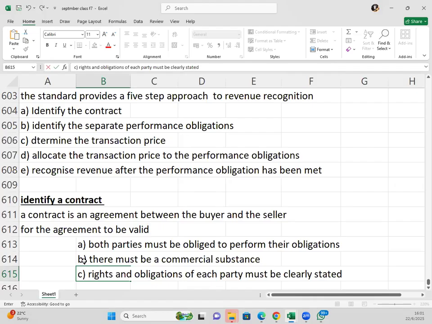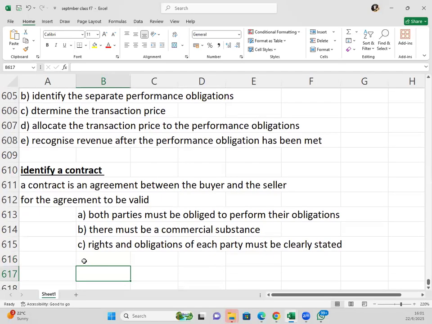So we should know what the rights and obligations of the parties involved in that contract are. So these should be clearly stated. If these are present, then we can say the contract you have entered into is likely to be a valid contract.